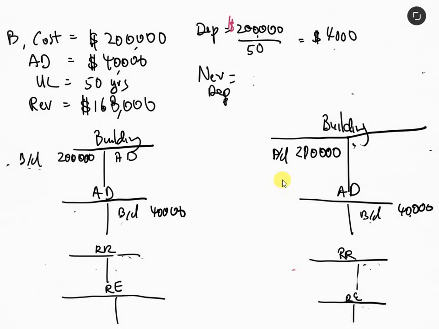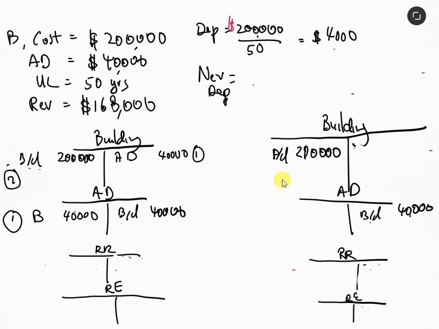So start 200, opening. Method 1 got 2 steps. What is step 1? Debit accumulated, credit to my building. Okay, left with 160. And I want to revalue to 168, up by 8.